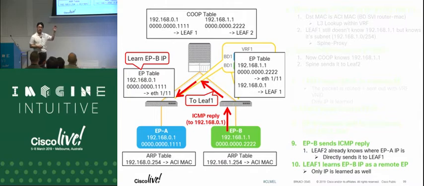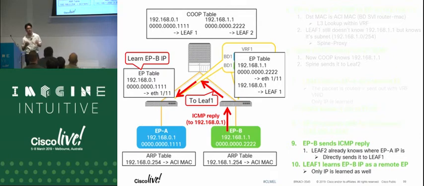So it knows the destination is on another EPG, and this leaf can apply the contract based on that information without sending it to the destination leaf. What's good about that is we can drop the traffic here if it's not appropriate, instead of using the bandwidth on the leaf-to-spine and spine-to-leaf links. So that's the benefit of having a remote endpoint.